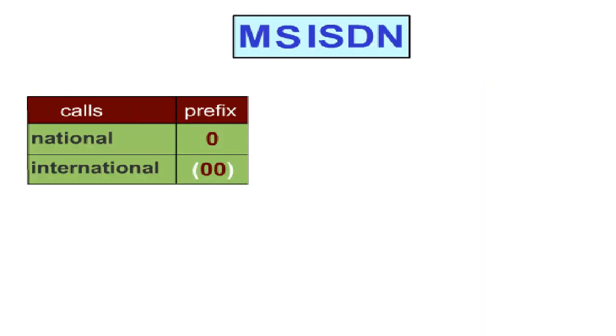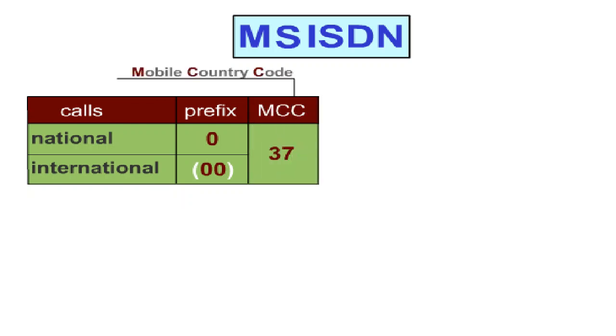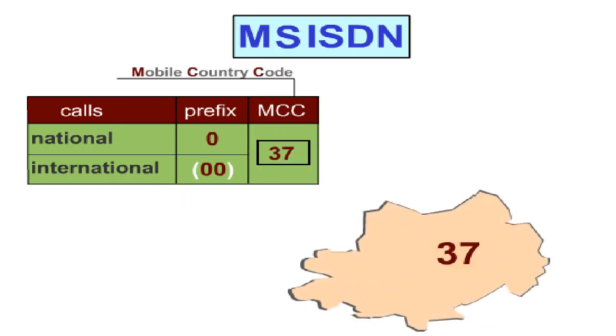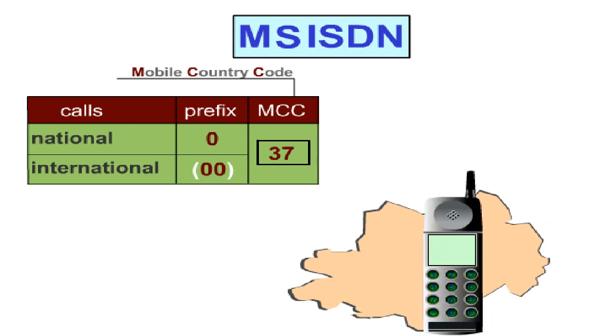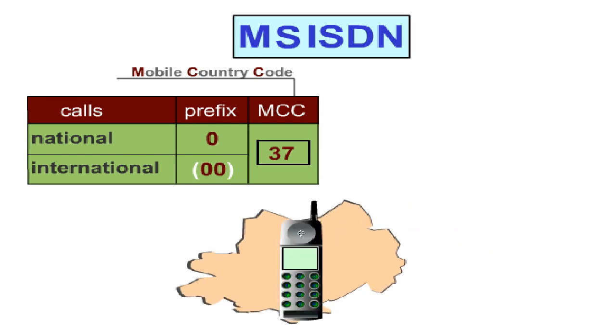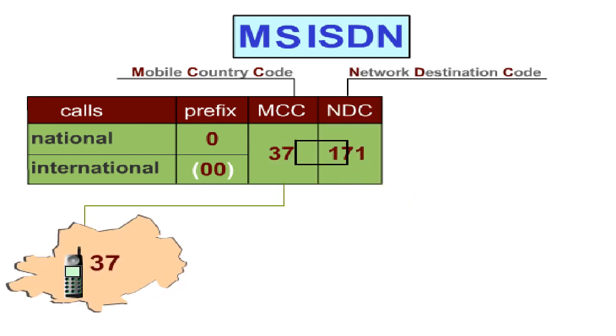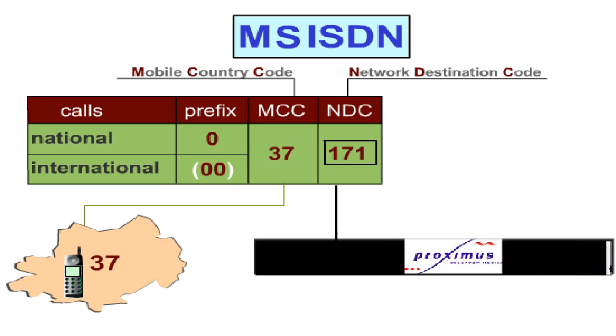The second part of the MSISDN, the Mobile Country Code, MCC, provides the code for the relevant country. The MCC consists of 2 digits and doesn't have to be entered when making national calls. The third part of the number is the Network Destination Code, NDC. It identifies the appropriate national network operator.